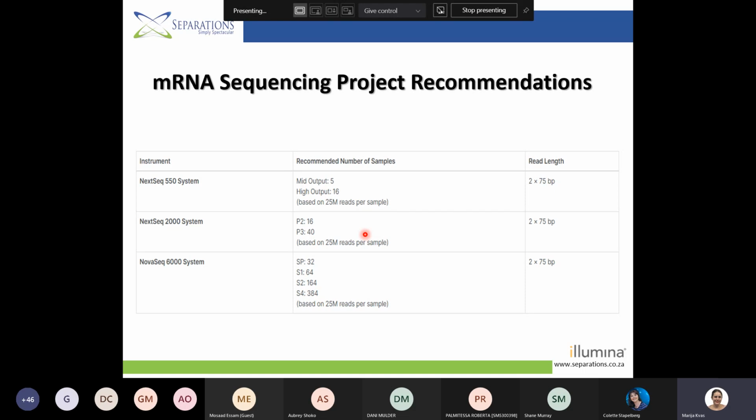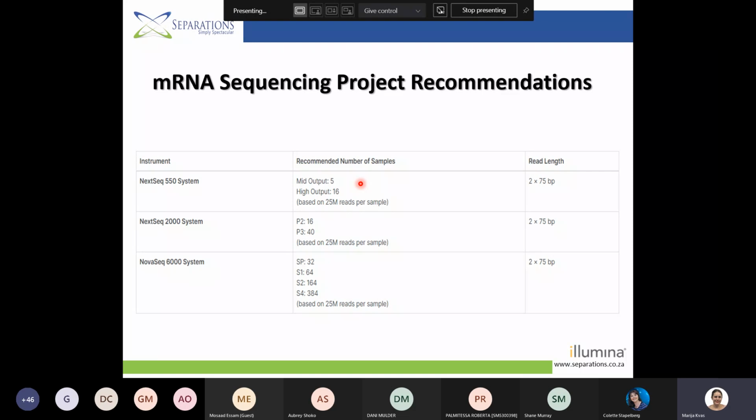When we're talking about mRNA sequencing, where we're talking just about coding genes, we will talk about NextSeq 550, NextSeq 2000, and NovaSeq. On different types of flow cells, we can put different amounts of samples. For mRNA sequencing, we recommend 25 million reads, but like I mentioned, this is dependent on the species that you're working with.